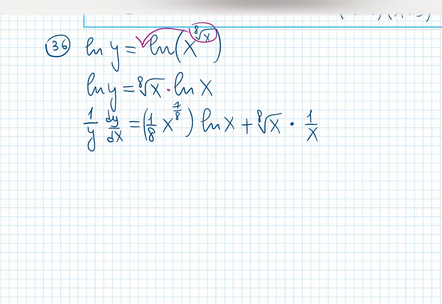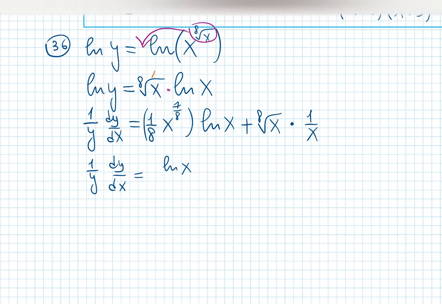Now, before we finish, maybe we should simplify. So I will have 1 over y dy over dx equals, I'm going to have here natural log of x, and also we're going to have negative 7/8, not positive. There's a mistake, I just realized that.